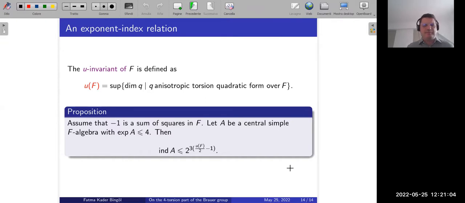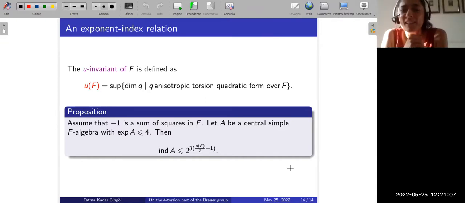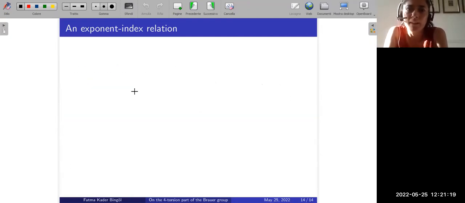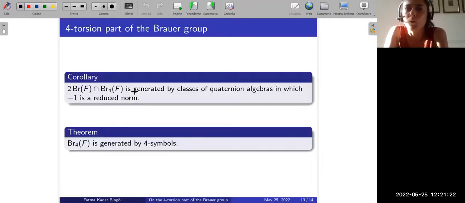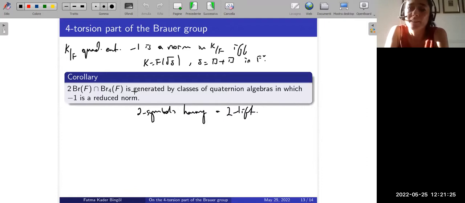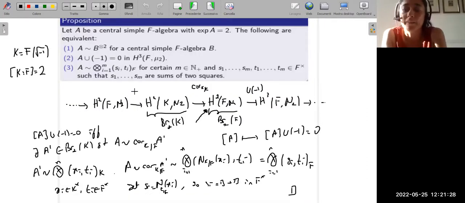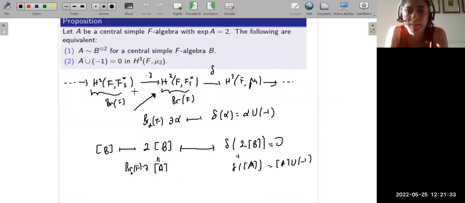Yes, actually, this is what I want to do next, because in our argument everything is given when you have p-th roots of unity, and I use Merkurjev's result in our argument. When we have p-th roots of unity, then the Brauer group p-torsion part is generated by symbol algebras of degree p, and these are very similar to quaternion algebras.